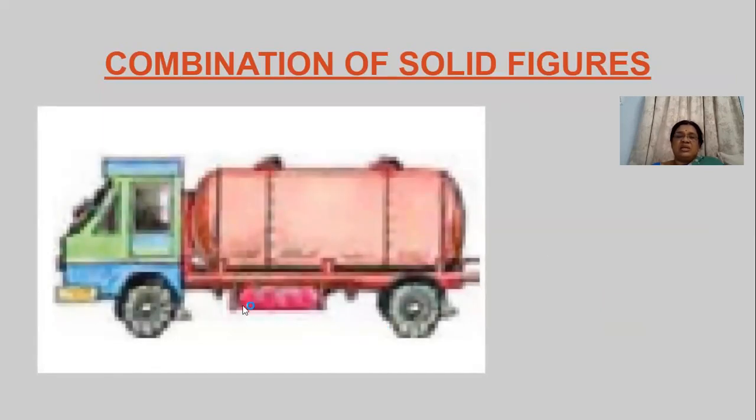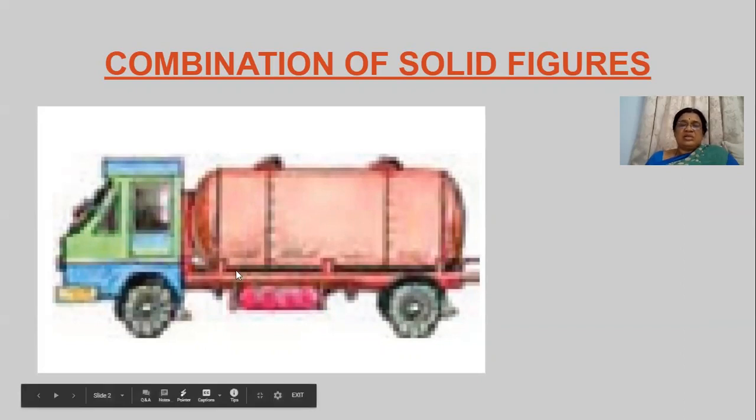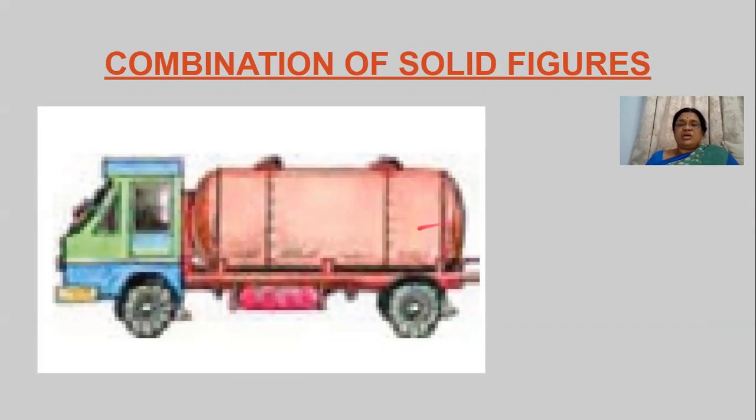Like see here, we regularly see this water tanker. So what are the combination of solid figures in this? When you closely observe, this is the cylindrical part, and we can observe two hemispheres attached to the two ends of the cylinder.